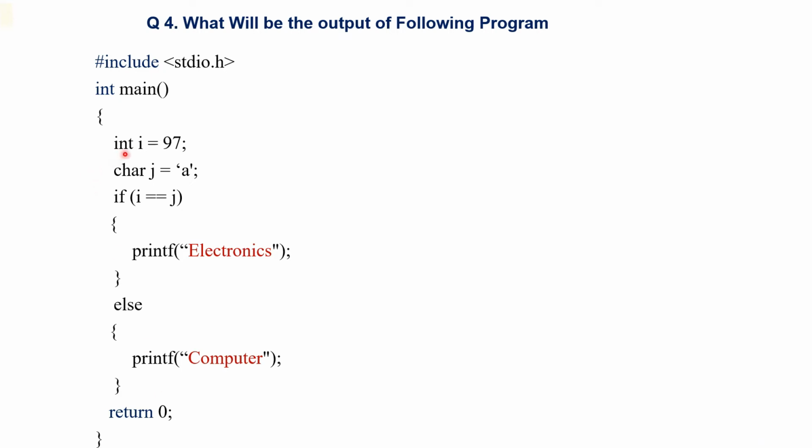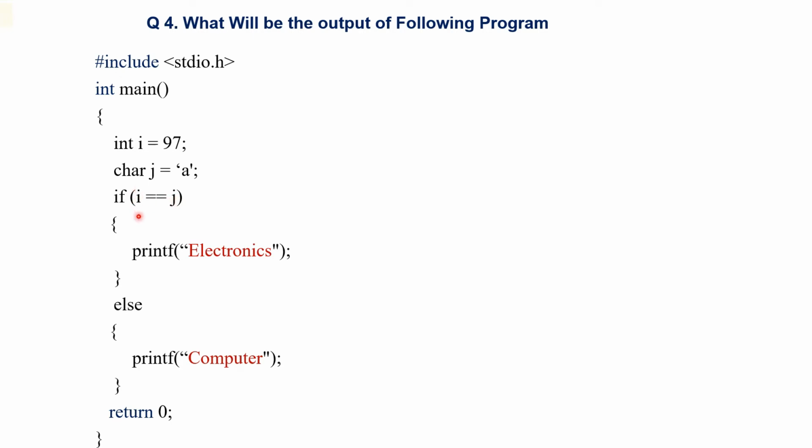So here an integer variable I is declared and it is initialized with the value 97. The next statement declares a character variable j and it is initialized with the single character constant small a. And the next statement in this program is an if statement where the condition is I equals to j.